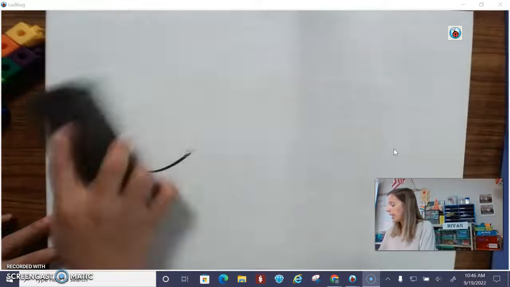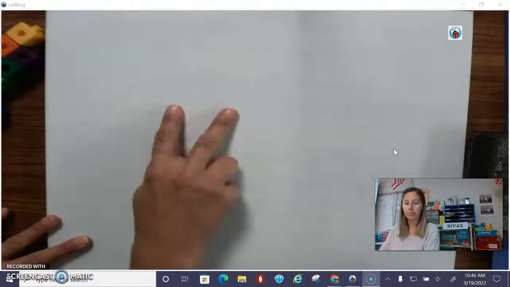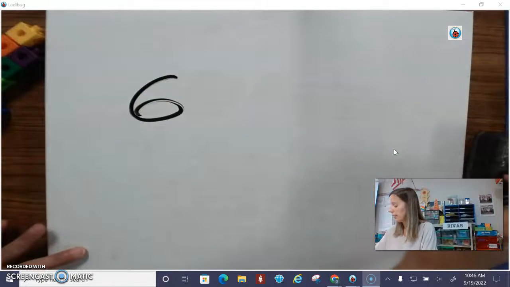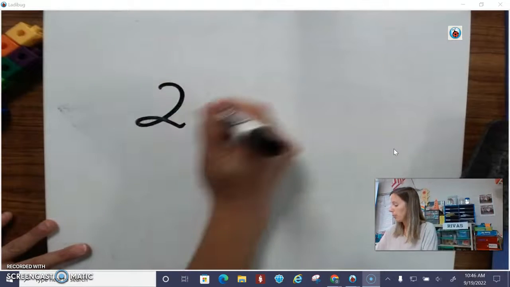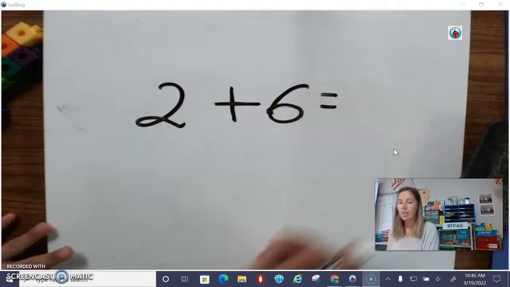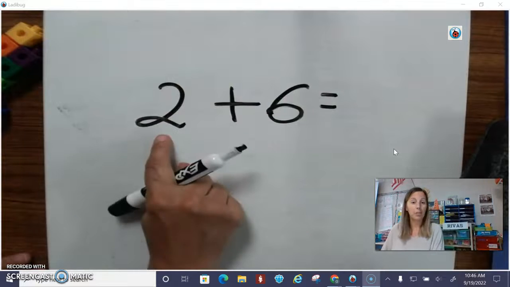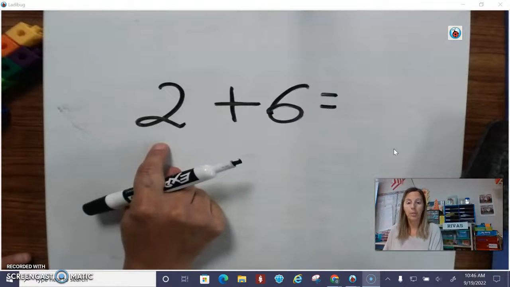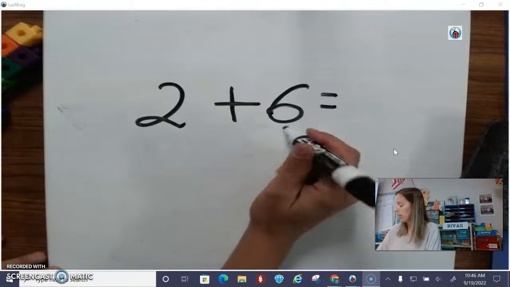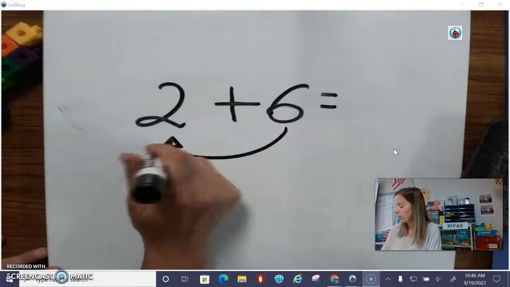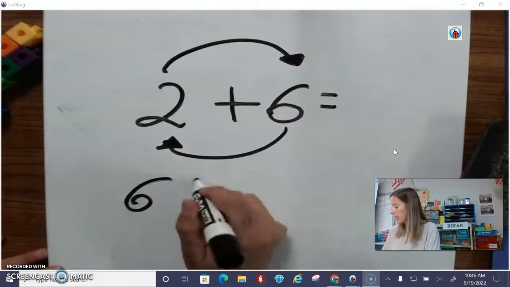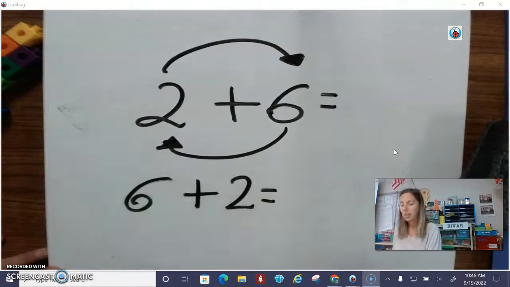Another one is switching. So if I have 2 plus 6, I tell them, okay, you have 2 plus 6, and you can start with the 2. 1, 2. But what about if we switch the order around? It is the same. 6 plus 2 is the same as 2 plus 6.